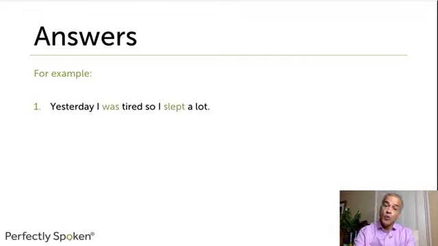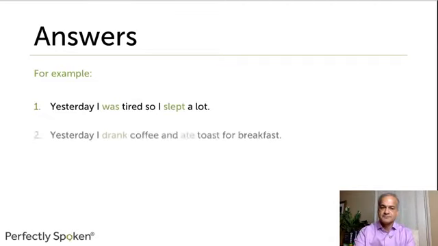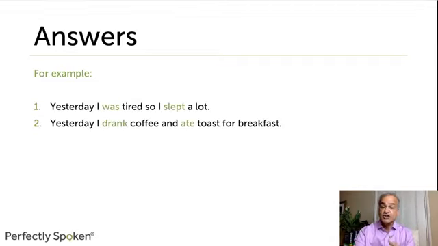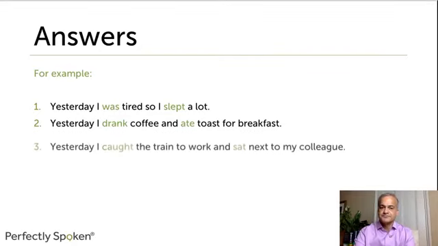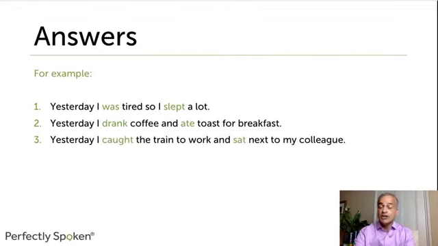Yesterday, I was tired, so I slept a lot. Yesterday, I drank coffee, or I had coffee, and I ate toast for breakfast. Yesterday, I caught the train to work, and I sat next to my colleague.